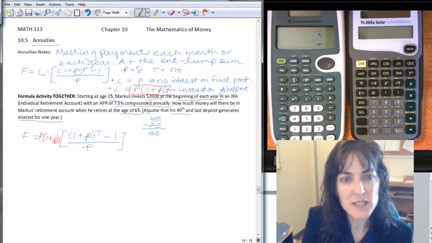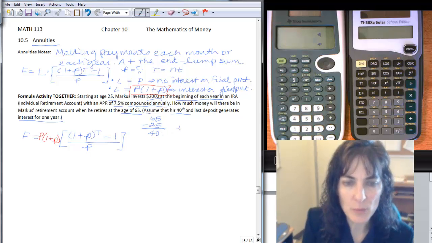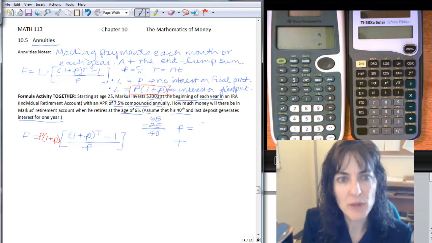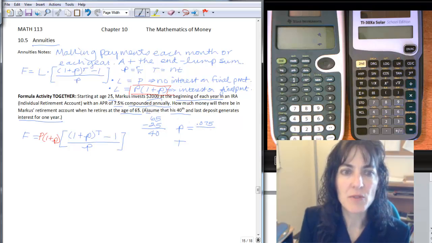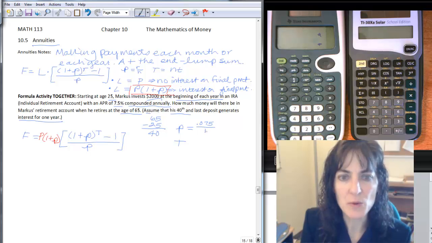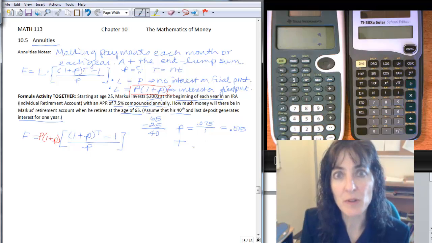So before I can sub anything in on this formula, I do have to figure out my little p and my capital T. So my R is going to be that 7.5. So remember, little p is R over N, so 0.075, changed to a decimal, divided by my N, and it says compounded annually, so I know my N is going to be 1. And so that's just going to make that one really easy, 0.075 for my little p.